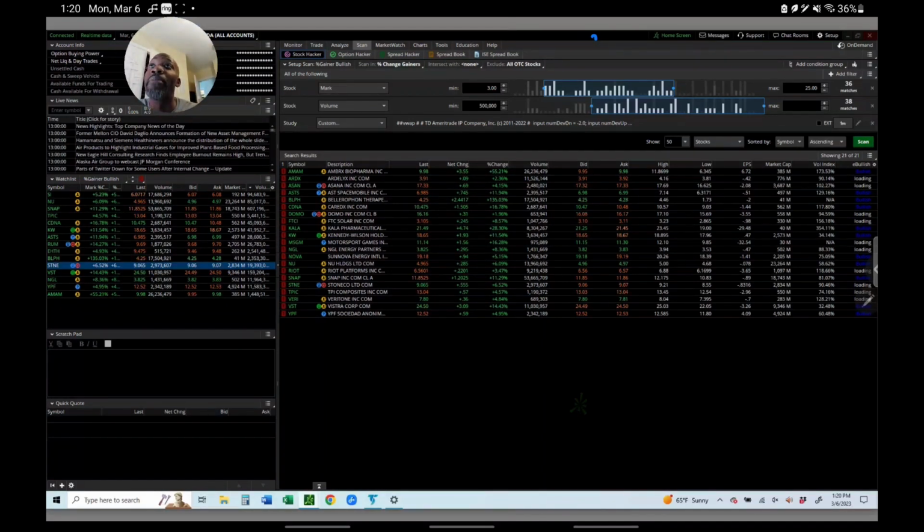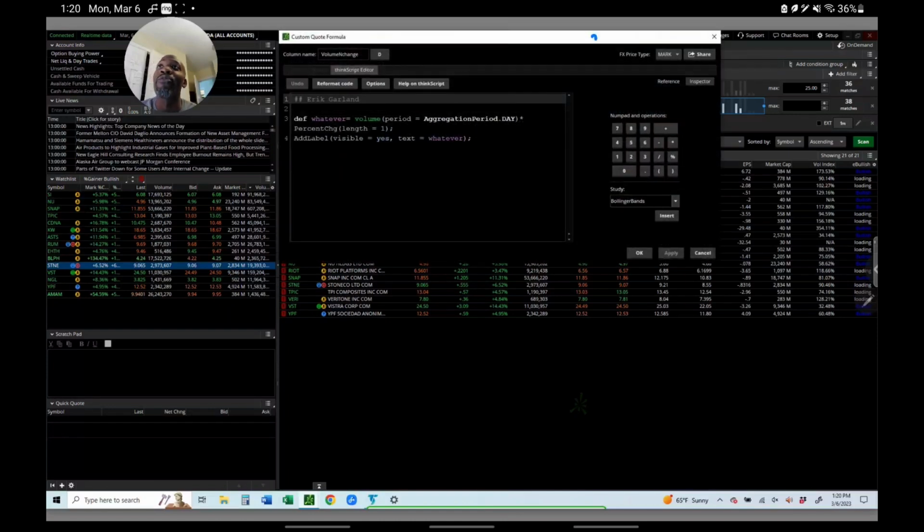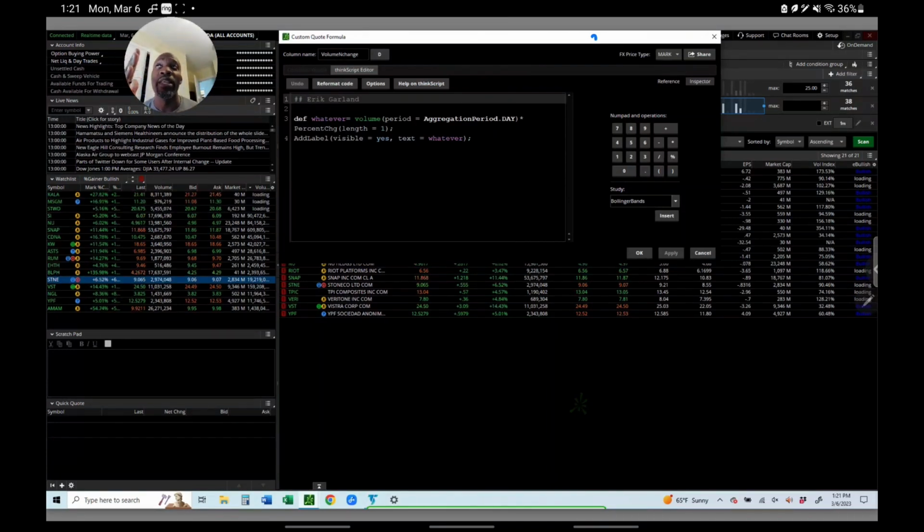So in this new column that I made over here, I'll right click it. I'll go to edit formula, show you what it says. It says that I'm multiplying the volume. So I'm capturing the volume and I'm capturing the percent change. So I'm just multiplying those one times the other. So if I got a percent change that's a positive 1, and an amount of volume that's 1 million, 1 times 1 million, 1 million.